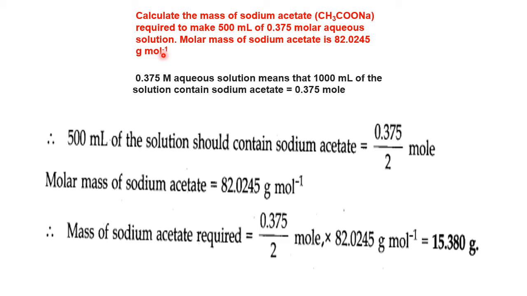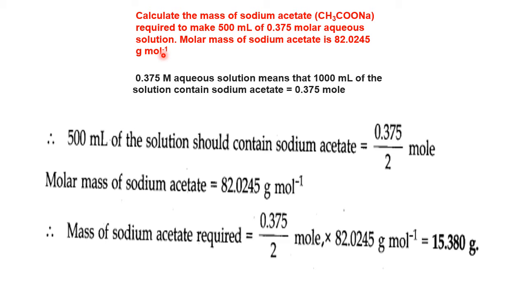Okay, means what? See, what is 1 molar? 1 M means 1 mole in 1000 ml of its solution, or 1 liter of its solution. In the same way, if it is 0.1 M, it means 0.1 mole in 1 liter of its solution.